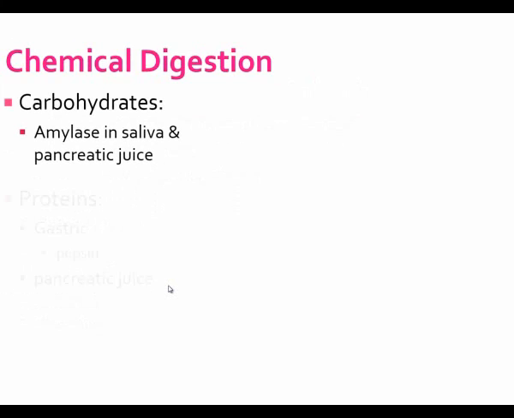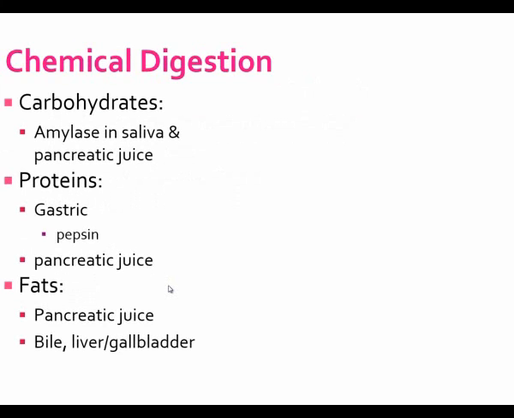And chemical digestion. If we look at what's going to break down all of our carbohydrates chemically, amylase in our saliva and also the pancreatic juices or enzymes will help break down our carbohydrates. As far as proteins go, in the stomach, gastric, pepsin. Remember, pepsin breaks down proteins, and then pancreatic enzymes do the same.